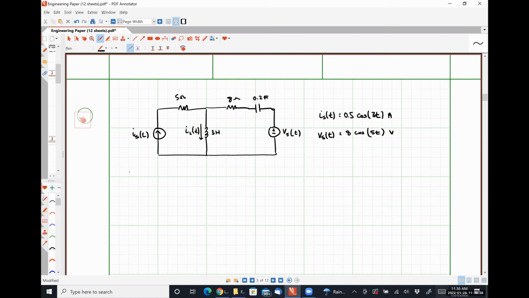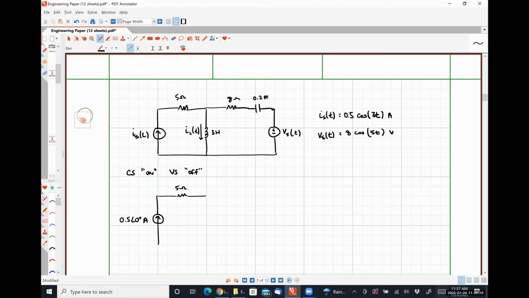So with our current source on and the voltage source off, this circuit is going to look like this. We have 0.5 angle 0 degrees amps. Our 5 ohm resistor is obviously still just a 5 ohm resistor.